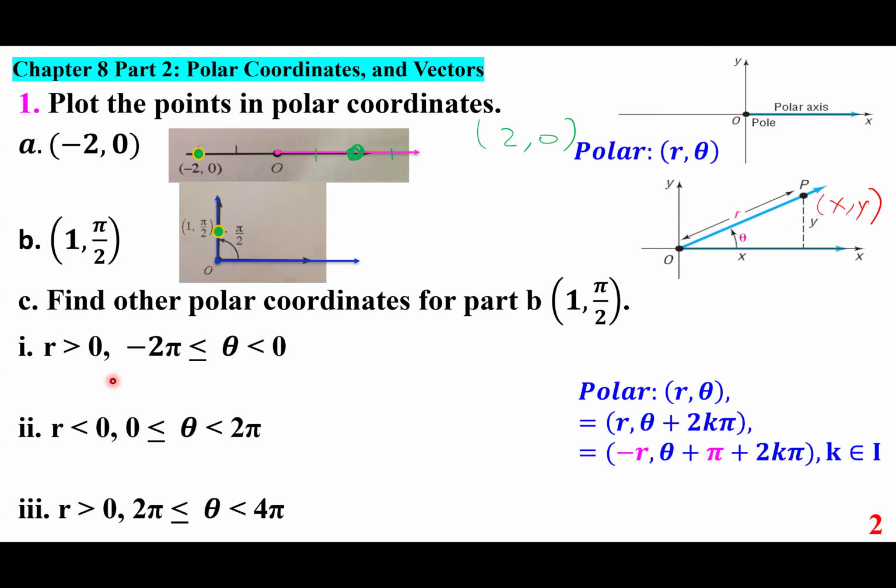So let's start with this guy. We are looking at this pair and we want r to be positive. So that means don't change the 1. But theta between -2 pi and 0, all you have to do is subtract 2 pi. So you get 1 comma -3 pi over 2.